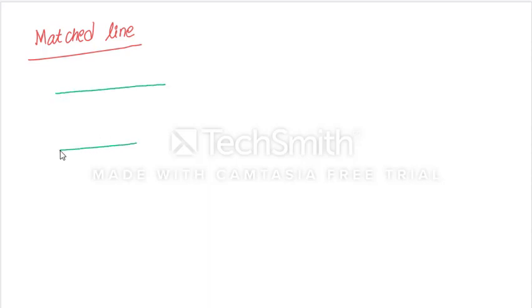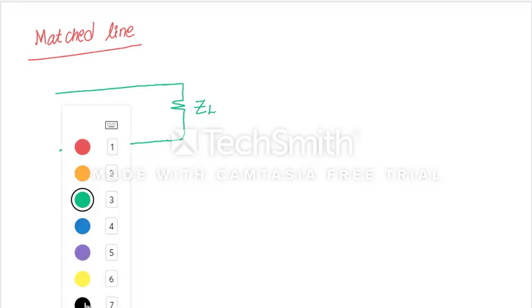Here this is my transmission line, whose characteristic impedance is Z0, and it has a load impedance ZL.